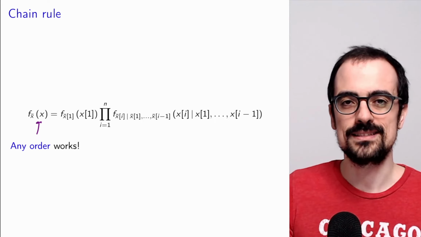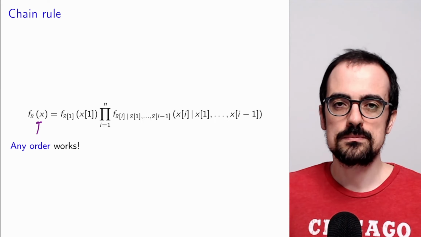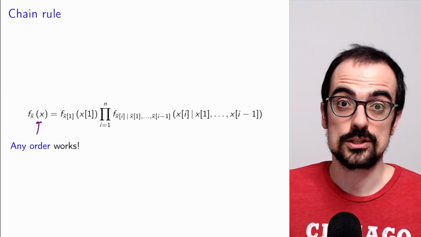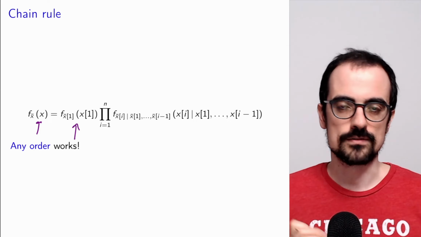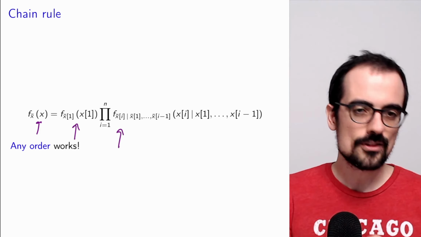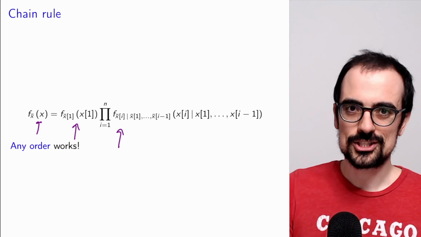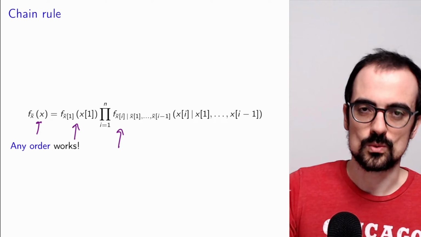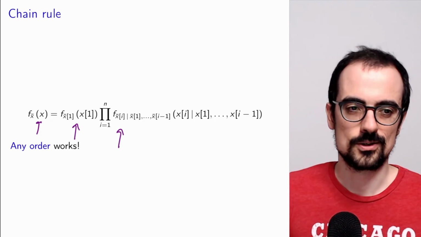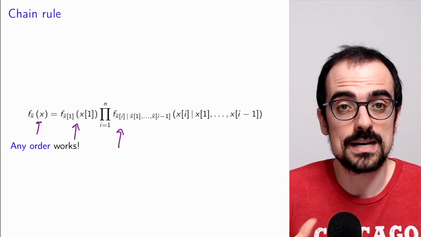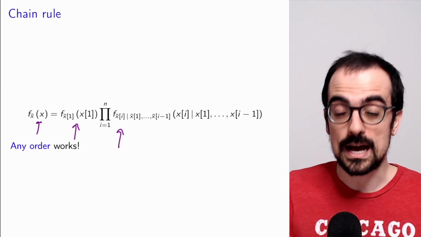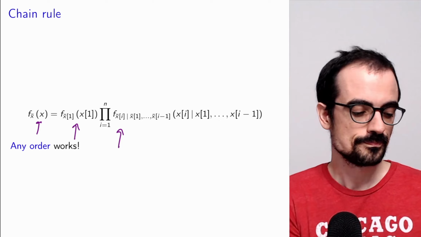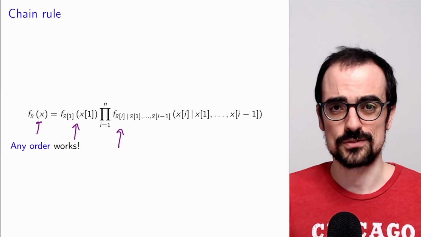So the way we can decompose the joint PDF of the D entries using the chain rule is we start with the marginal of one of them, then the conditional of another given that one, then the conditional of a third one given the first two, and so on and so forth. Okay, and any order works, and you might need to choose the order wisely if you have conditional independence assumptions, which we often need because of the curse of dimensionality.